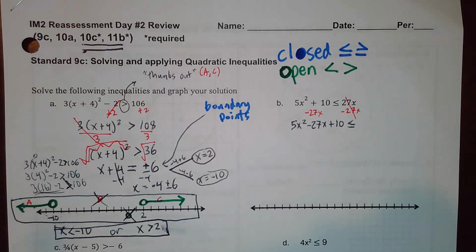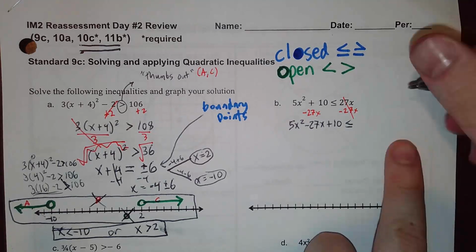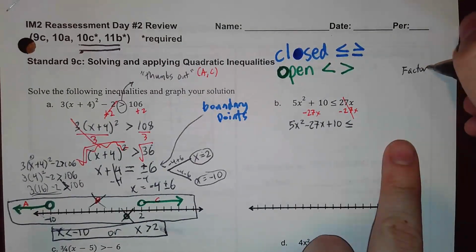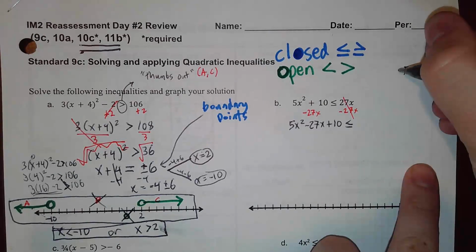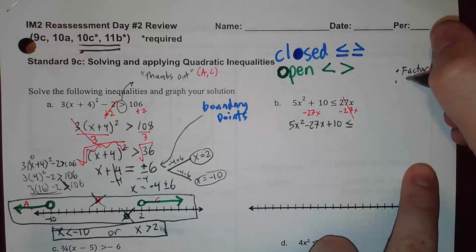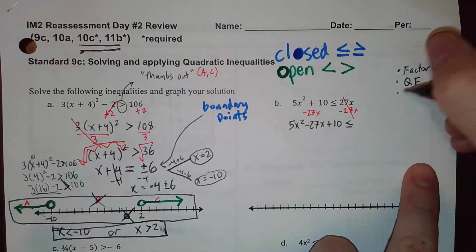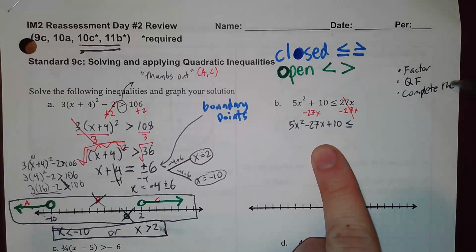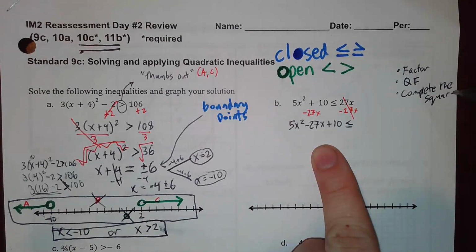So at this point, I could use multiple methods. The first method I could use is factoring. That's a lot of our go-to methods, is factoring. You can also use the quadratic formula, or you can complete the square, which I don't think I would do at all in this case.